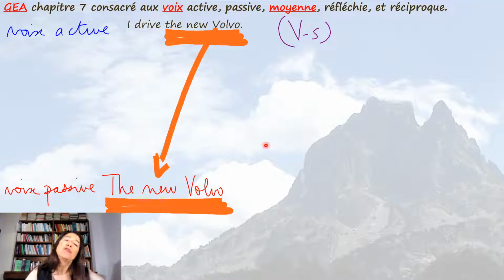And now that we want to turn this active sentence into a passive one, we need to add the formula for the passive voice, which is B plus VEN.